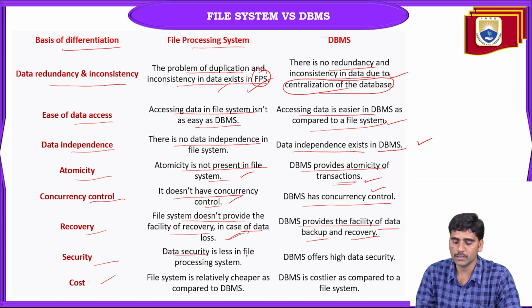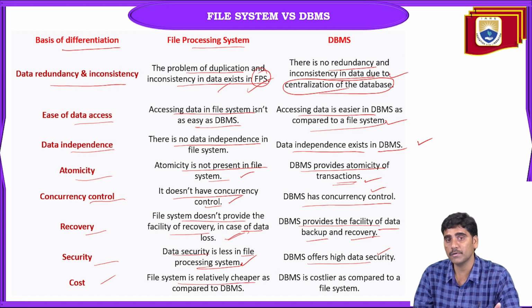Data security is less in the file processing system. DBMS offers high data security. And the file system is relatively cheaper as compared to a DBMS.